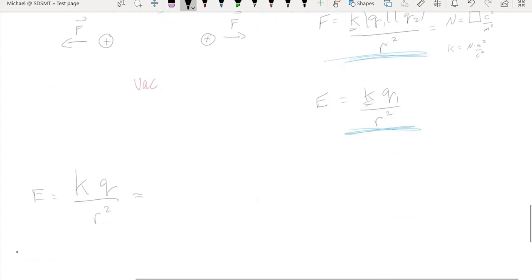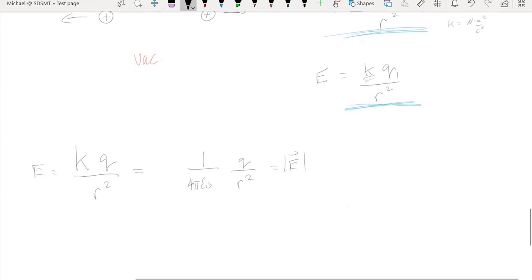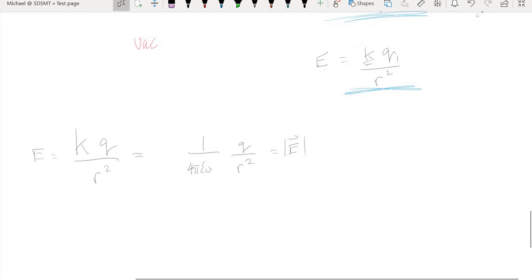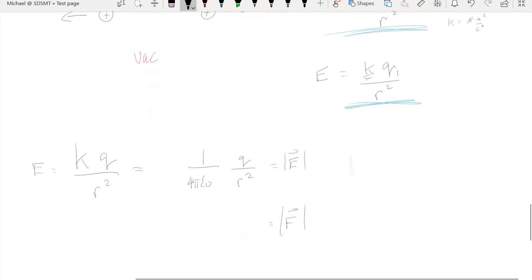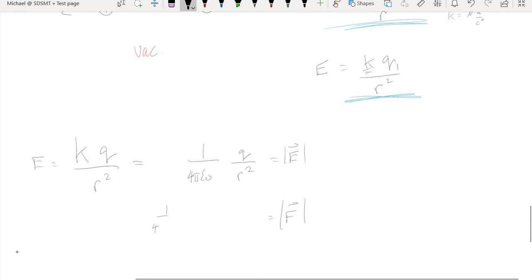So we need to start getting into the habit of writing k as 1 over 4 pi epsilon naught with all of our expressions. So here we have our point charge expression for electric field, now written in the updated version for k. If I want the electric force between two charges, well, that was k q1 q2 over r squared, so now we need 1 over 4 pi epsilon naught, q1 q2 over r squared.